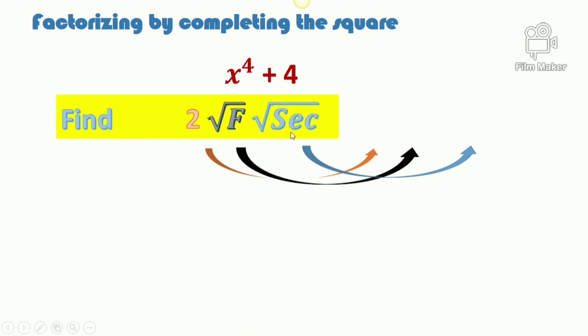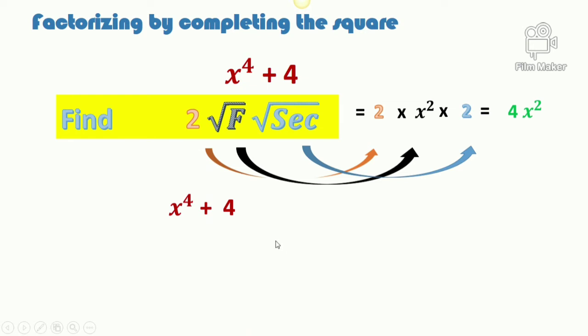Let's see here: 2 by the square root of the first, which is x power 2, and the square root of the second, which is 2. Then we multiply these terms. It will be 4x power 2. After we get the middle term, we write our expression again.